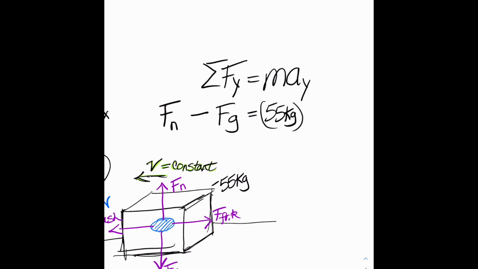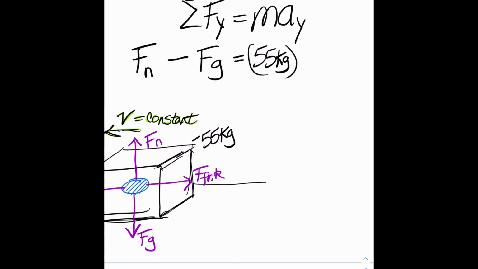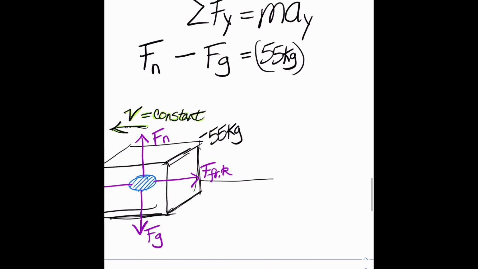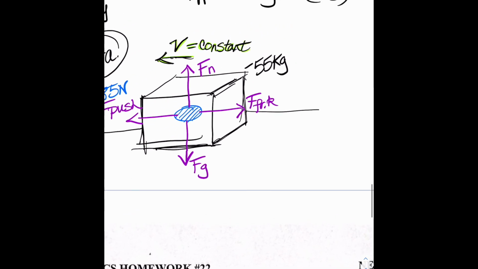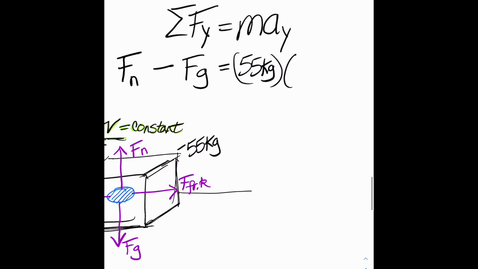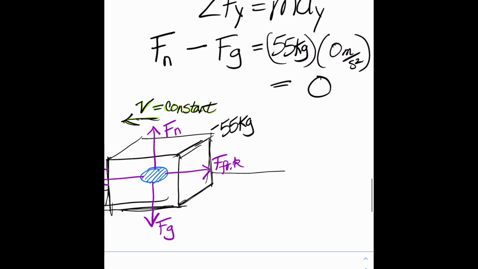And then once again, is the object accelerating or speeding up into the air or into the surface? And you'd be like, no, that's ridiculous. It's not speeding up into the air or into the surface. So this is 0. Because that's true, the right side is 0.